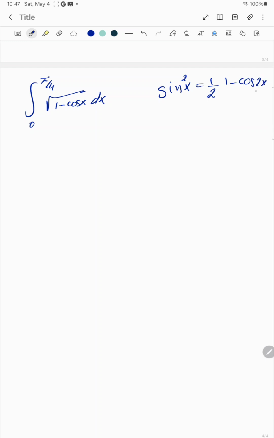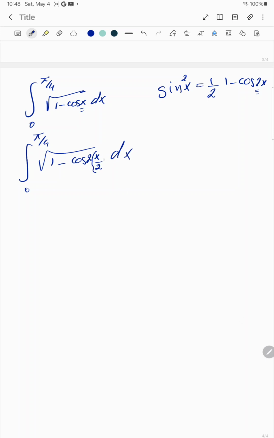I look at that formula. Here I have 2x and here I have x. So let's make that x as 2x. So 0 and pi over 4 square root of 1 minus cosine 2x divided by 2 dx.